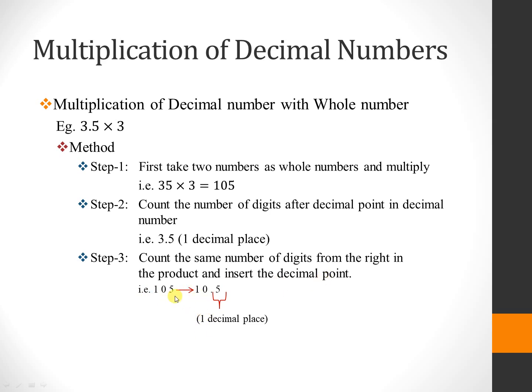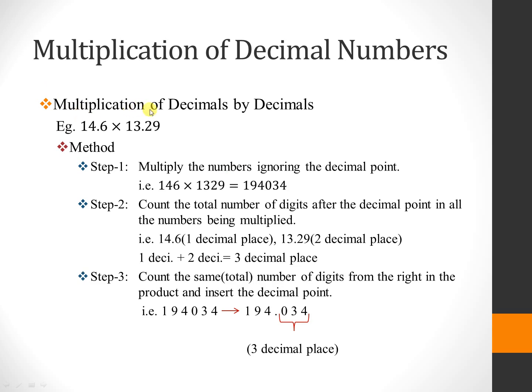So in our product the decimal point comes at 1 decimal place, that is 10.5.